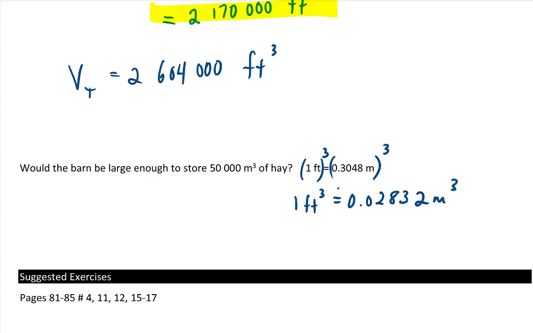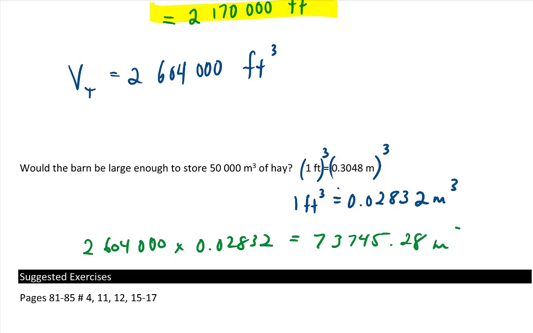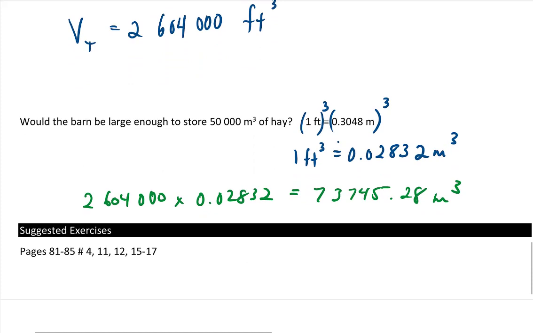And then what I'm going to take is my volume from above, the 2,604,000. I'm going to times it by the 0.02832 to convert it into meters. And that gives me 73,745.28 meters cubed. So the barn itself can hold 73,000 meters cubed. So yes, it could hold 50,000.